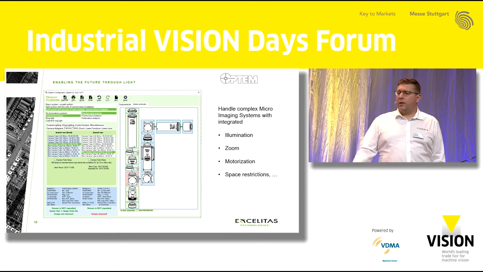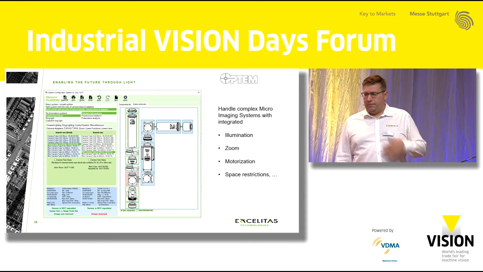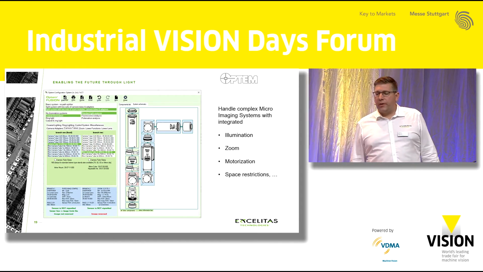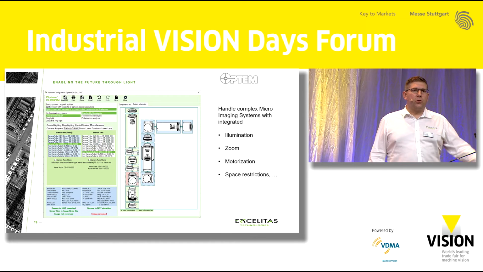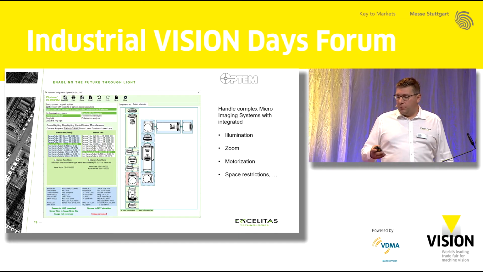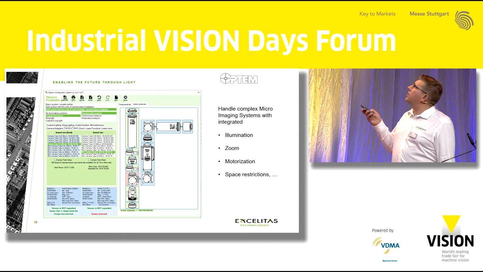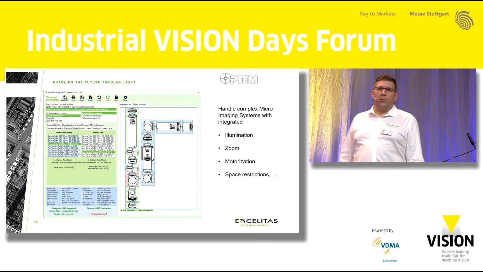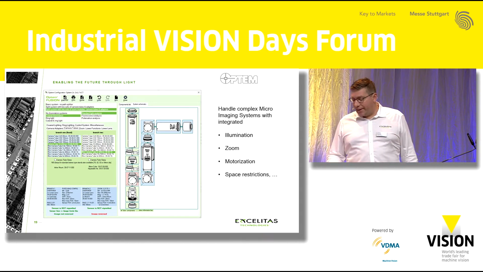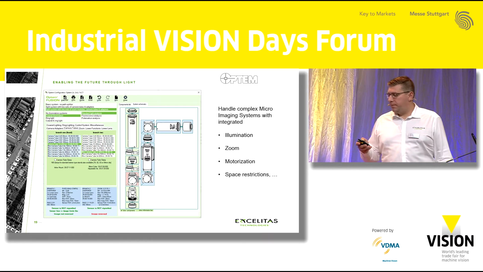You can handle very complex micro imaging systems with integrated illumination, with a zoom, with a motorization. Also, if you're space restricted, you can see around the corner. It's not a problem. It's a very flexible micro inspection system.